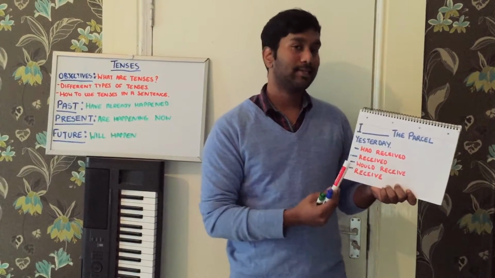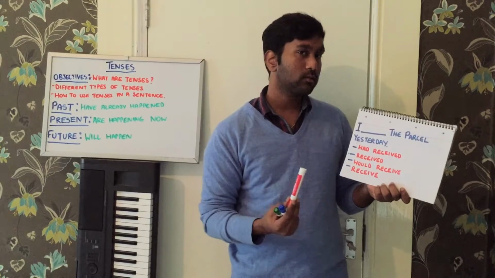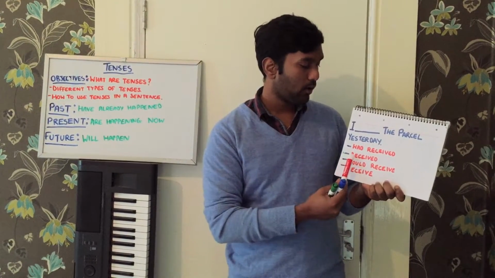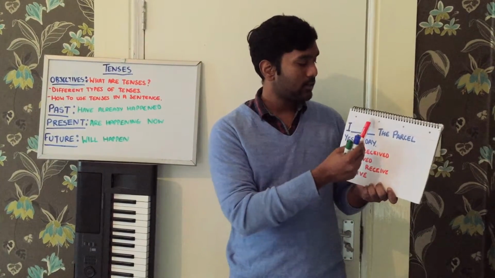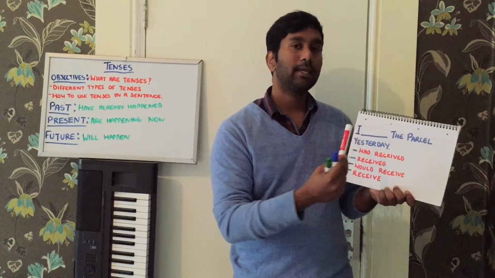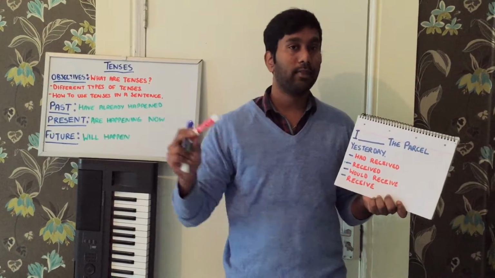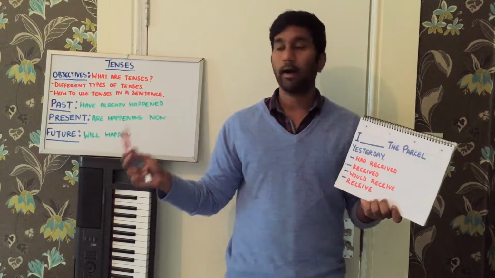And by analyzing these options, we can come to know that the right answer is the second one, received, because this sentence, as we can see here, is based in the past. Like I said, always see the action and the time in a sentence to define your tenses.